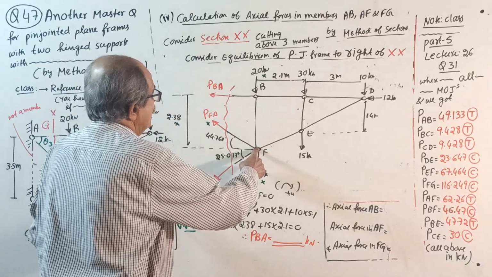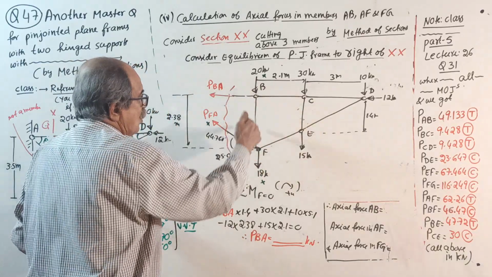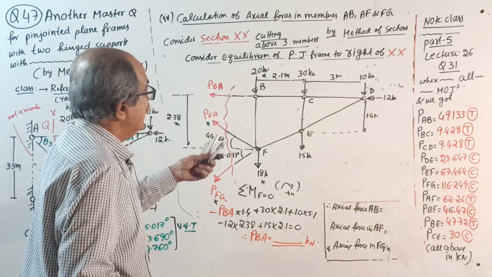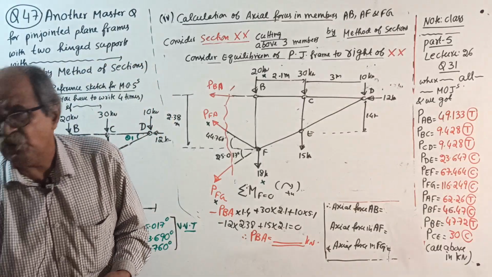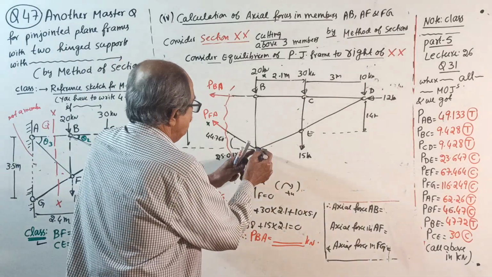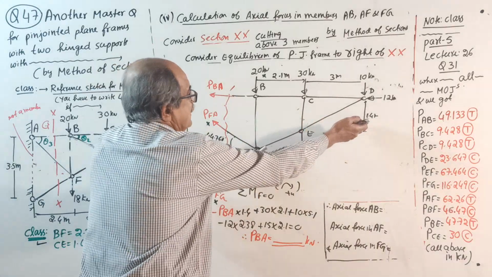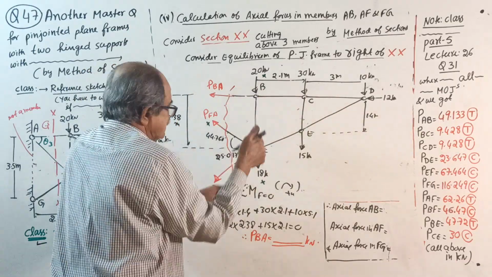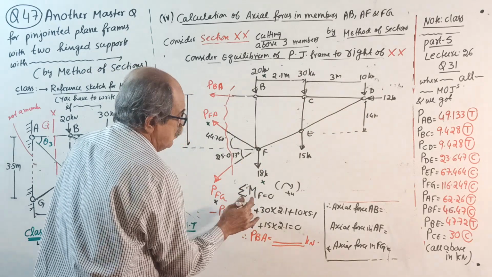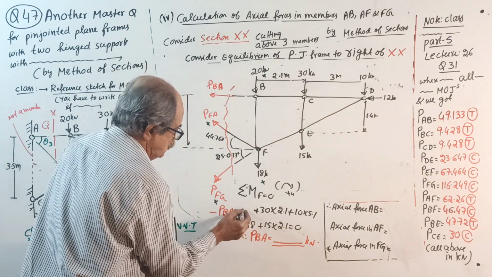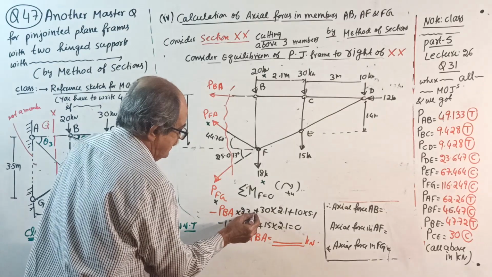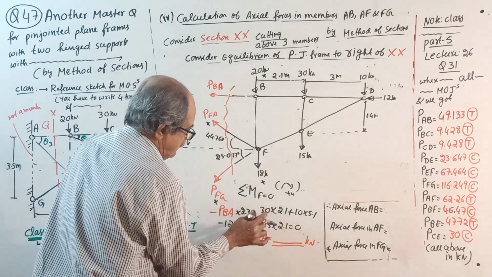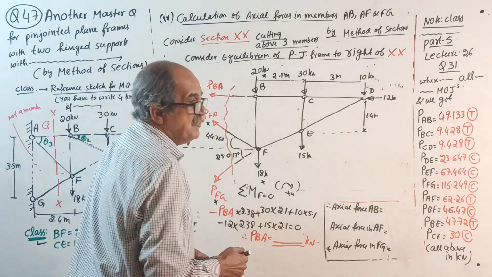Something went wrong. Minus P_BA into, oh sorry, not 1.4. Be careful. When you take moment here, I saw the wrong distance. I thought that is this distance. Minus P_BA into this distance. How much? It is not 1.4. It is 2.38. Okay.